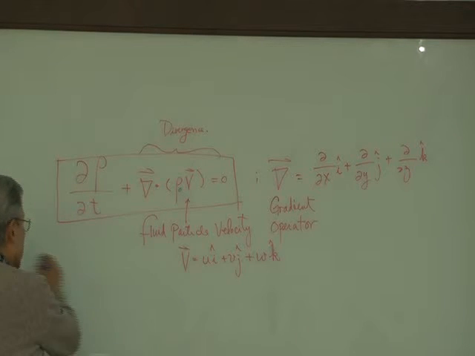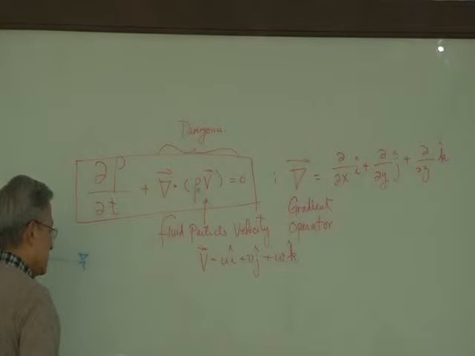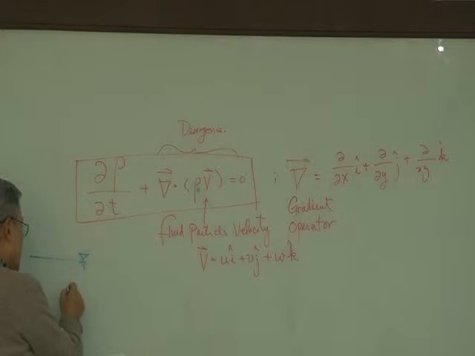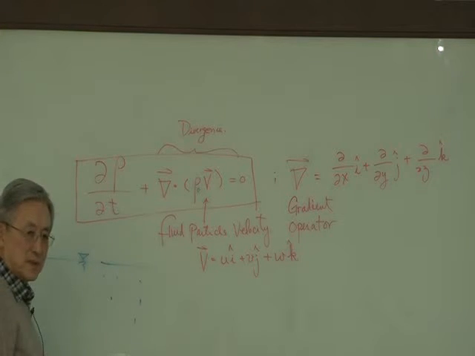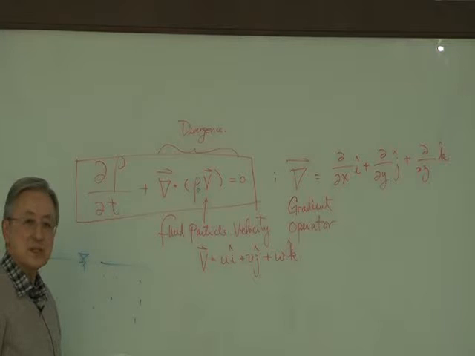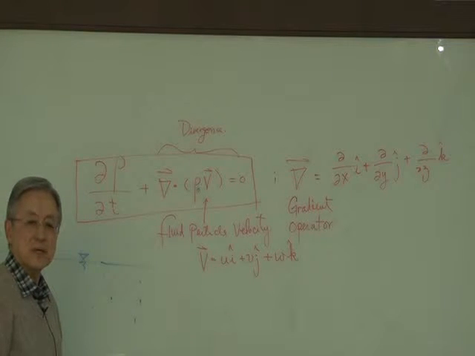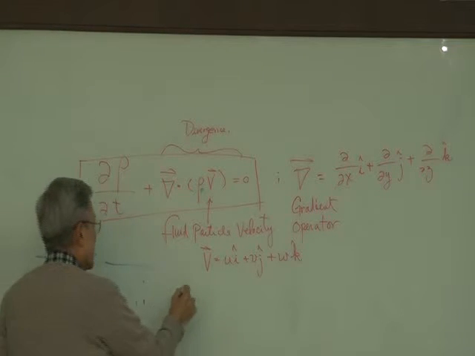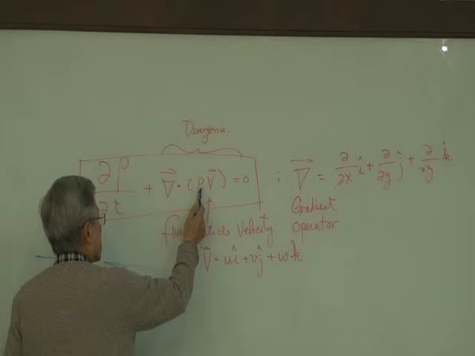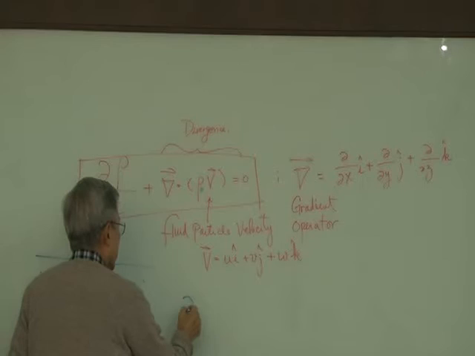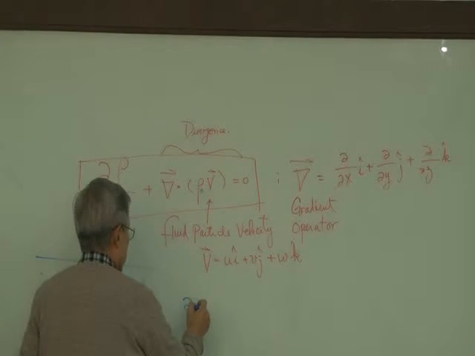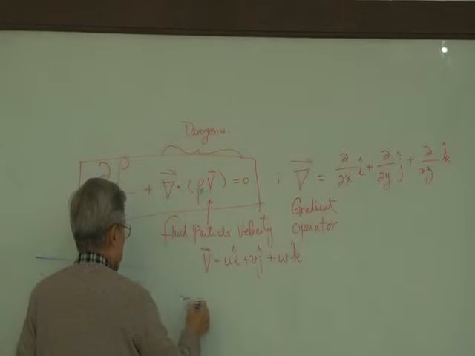In other words, you have a fluid for the underwater explosion study, and I can say the mass density is constant all over the place. So I can take it outside of the del operator, because del is a spatial operator.